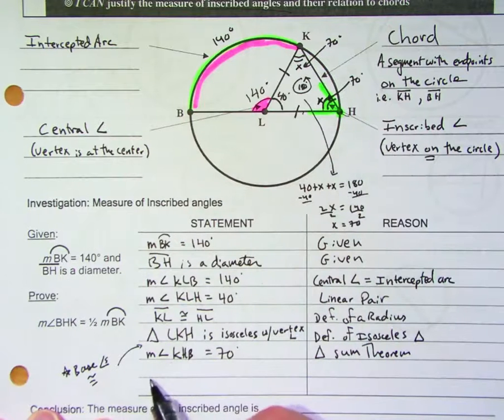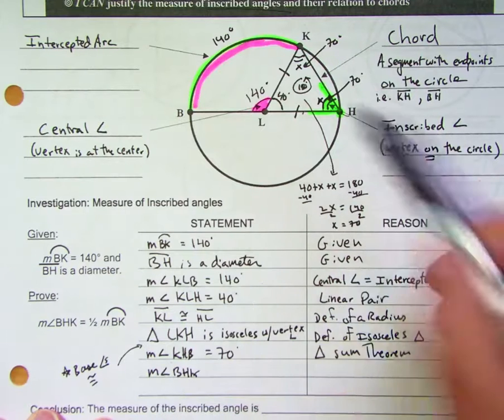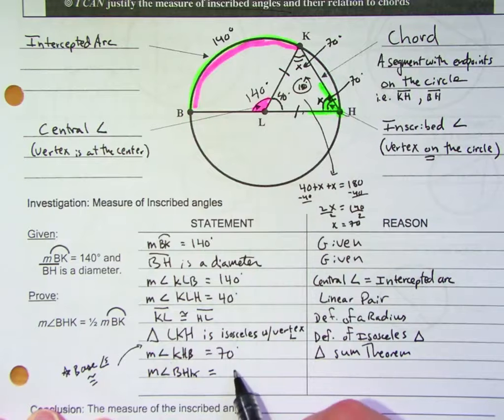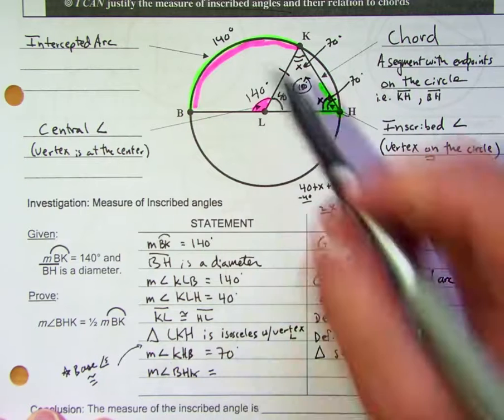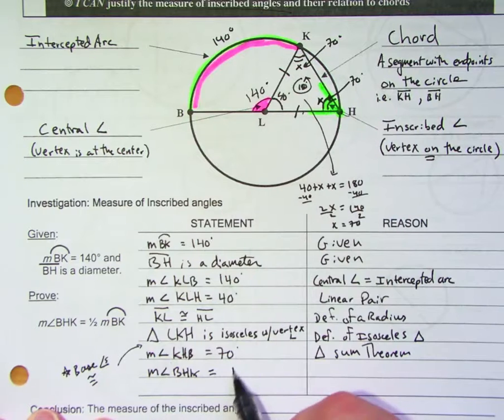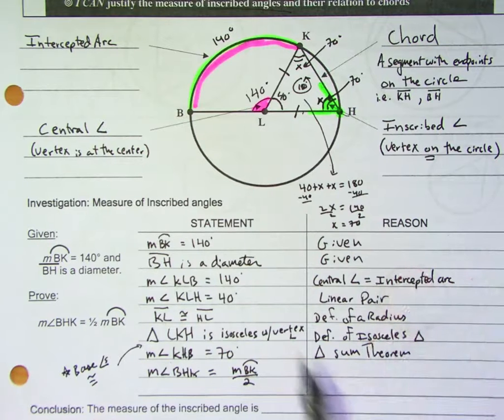You can see that the measure of angle BHK, my green inscribed angle, is actually equal to the measure of this minor arc, BK, divided by 2.